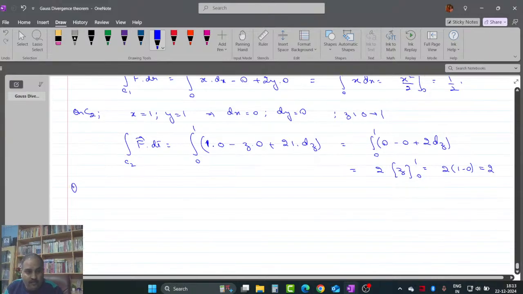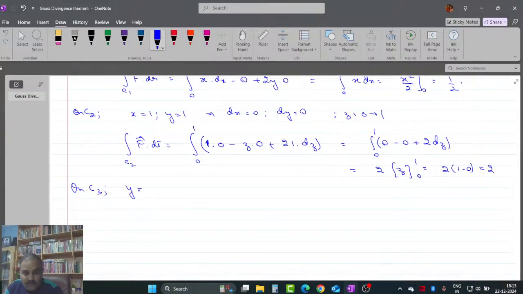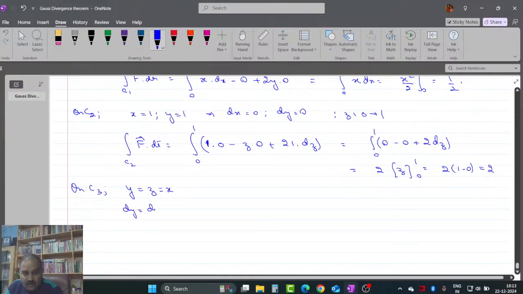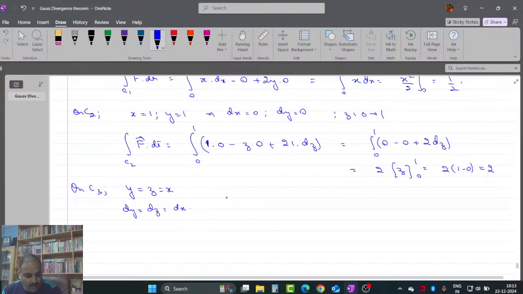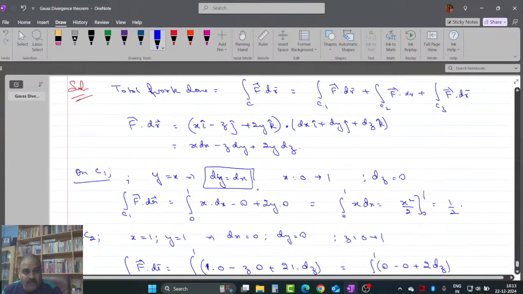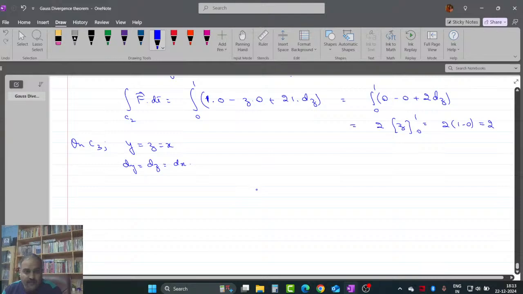And on curve C3, we have given y is equal to z equal to x, that means dy is equal to dz is equal to dx, और वेरिएशन चल रही है x की 1 to 0, ठीक है, and x varies from 1 to 0.